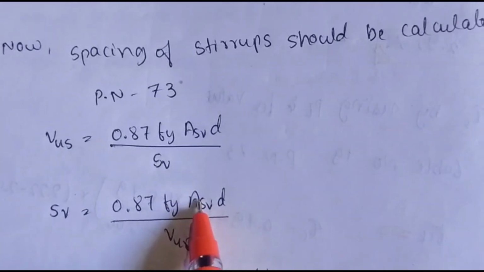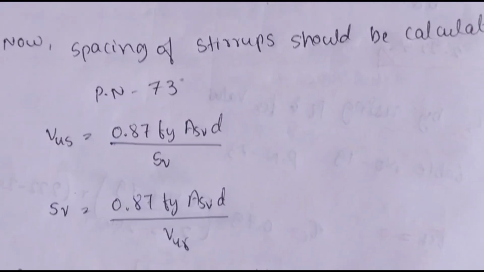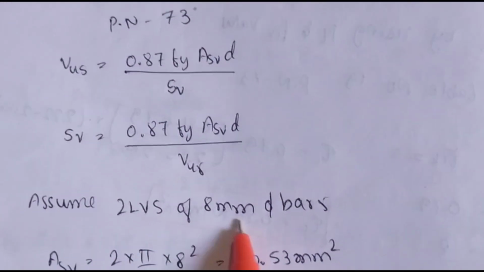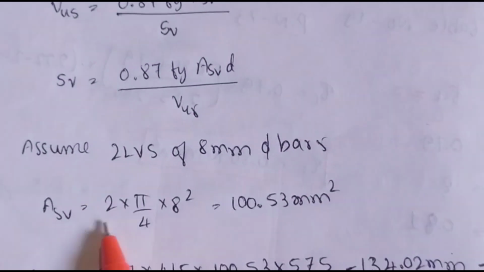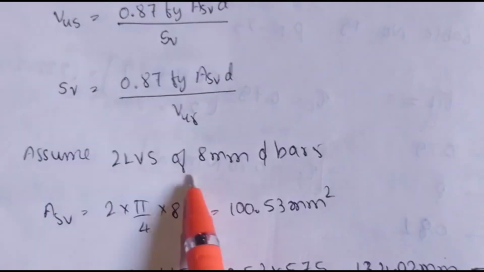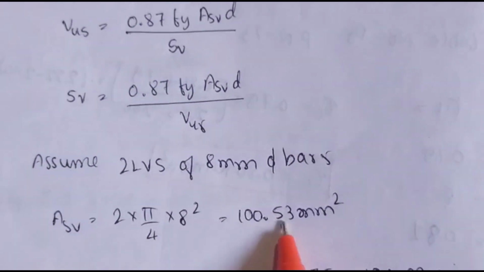For calculation of Asv, again we need to assume a diameter. So I am assuming two-legged vertical stirrups of 8 mm diameter bars to calculate the Asv. So Asv is equal to 2 into pi by 4 into 8 square, that is the diameter. After simplifying, we'll get our Asv as 100.53 mm square.